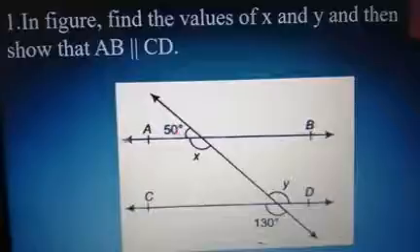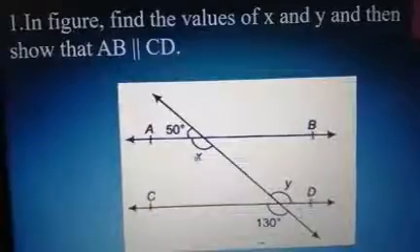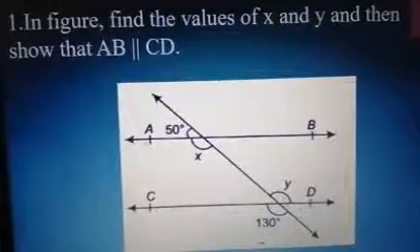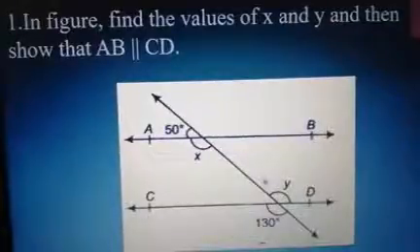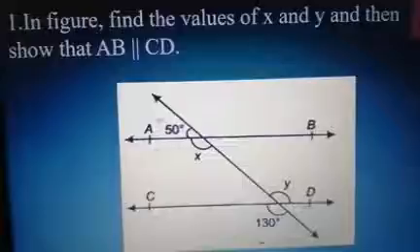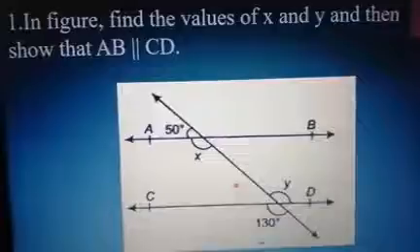When it is in a Z form, what is the angle that I told you? It's nothing but the alternate interior angle. So we are going to find the values of x and y now and check whether they are equal. If the values of x and y are equal, then I can say that x and y are alternate interior angles and they are equal. Therefore, the two lines AB is parallel to CD. So that is a brief idea about the problem solving.